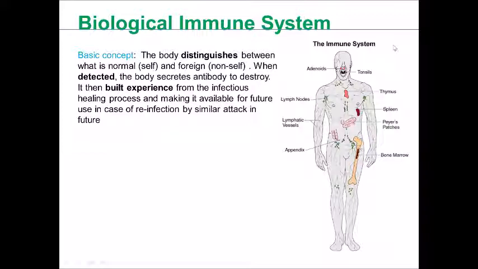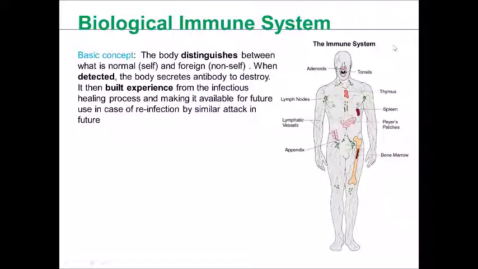The normal cell is considered a good, healthy cell, and the non-safe cell is an antigen that can cause harm to the body. When our body detects the non-safe cell, it will automatically produce antibodies to destroy it.